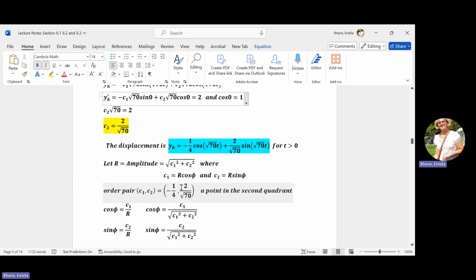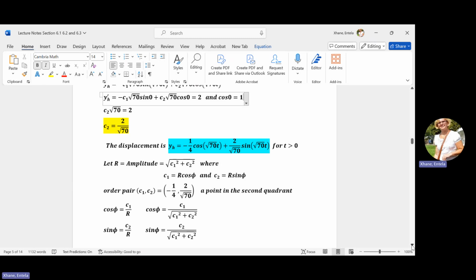So this is the ordered pair that I was referring to that belongs to the second quadrant. Now, cosine of phi is C1 over R, and sine of phi is C2 over R. Knowing that R is the square root of C1 squared plus C2 squared, each one of them becomes C1 over the square root of C1 squared plus C2 squared.